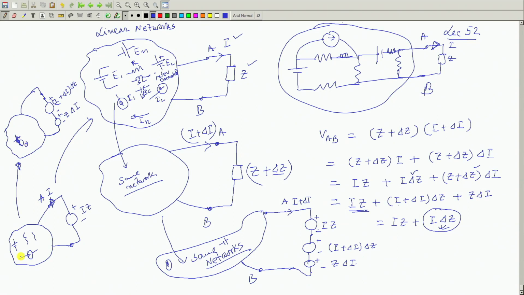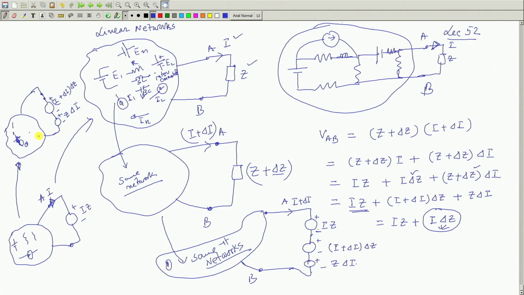Now I am applying superposition. These two sources are present and all internal sources should be replaced by their internal impedances, correct, absolutely, with current sources open and voltage sources shorted. So, this will be the network now.